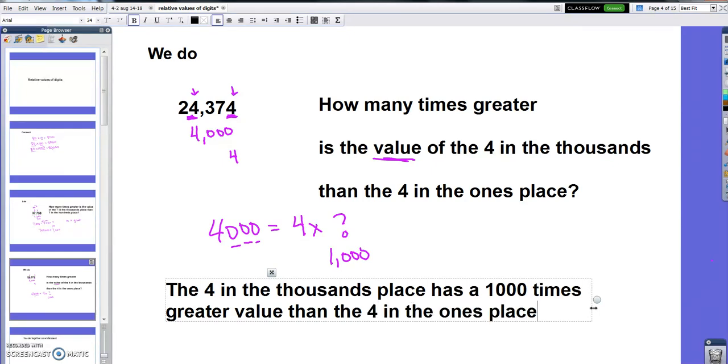I would have to multiply this 4 by 1,000 to get the same value as this 4. We will do 2 more when you get to class tomorrow to check how your understanding of this is going. Finish this one up in your notes. If you need to go back and look at either of these again to make sure you understand it, please do that, and we'll carry this on tomorrow.